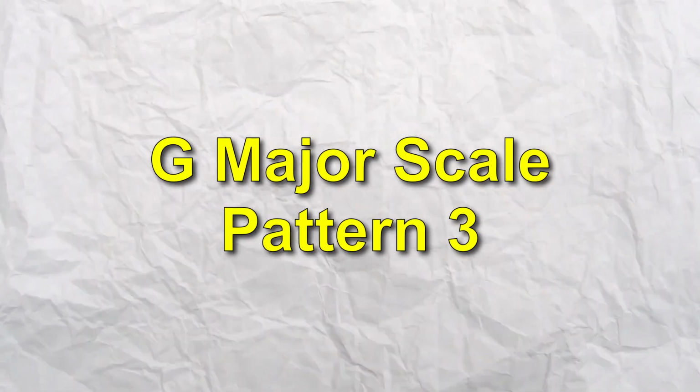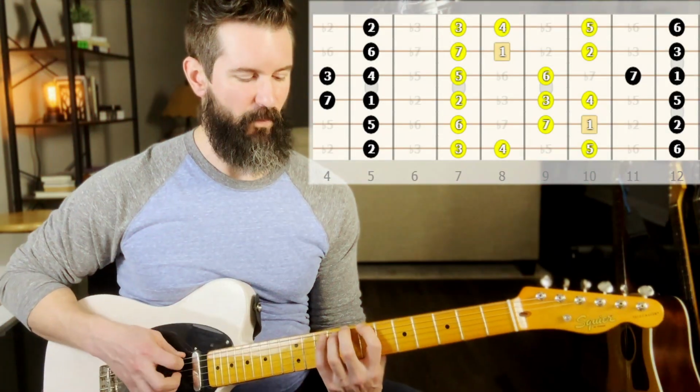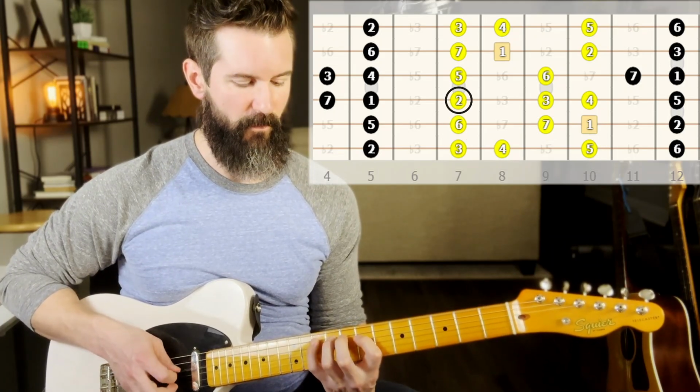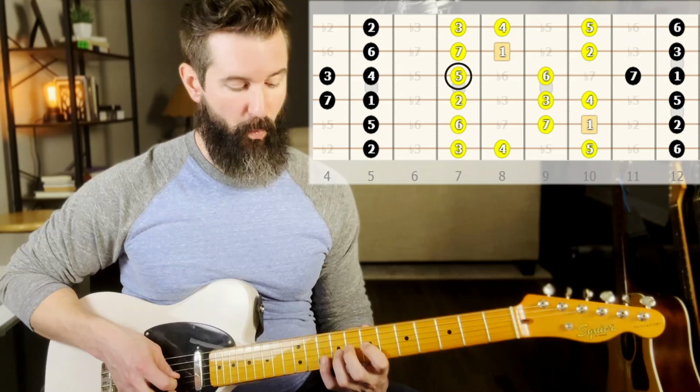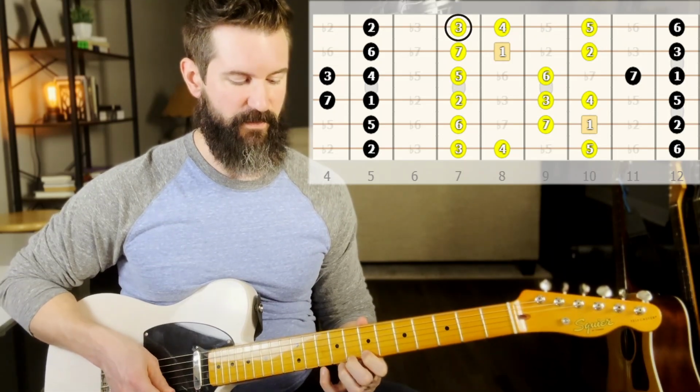All right, so pattern 3, there's no hand shift in pattern 3. We have 1, 2, 4, 1, 3, 4, 1, 3, 4, 1, 3, 1, 2, 4, 1, 2, 4.